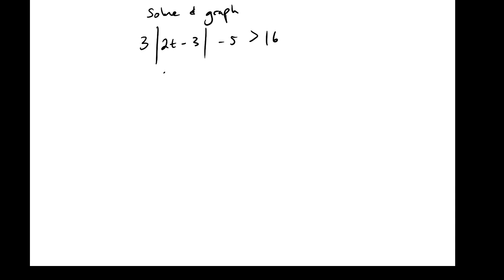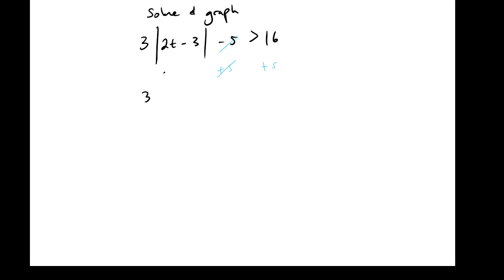So here we go. Imagine this, sidebar. Imagine if I had 3 times x minus 5 greater than 16. What would be my process, right? Well, I would do my inverse operation of plus 5 first, and then after that, I would divide by 3, okay? So the same thing is going to apply here. I'm first going to add 5 to both sides, okay?